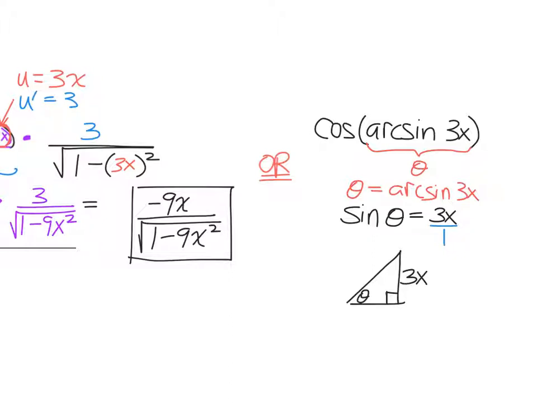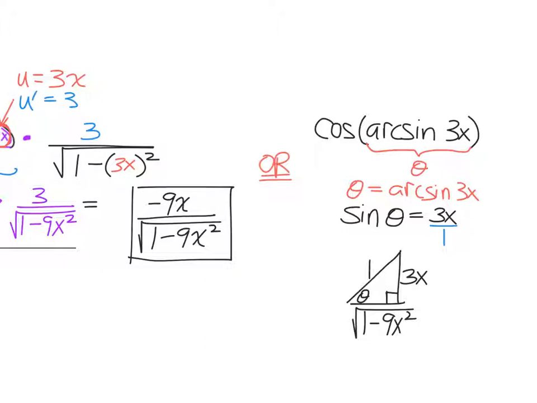Opposite side is 3x. Hypotenuse is 1. What's my missing side? Yeah, the square root of 1 minus 9x squared, for two reasons. One, because it's Pythagorean theorem. Also, because we just essentially did it.